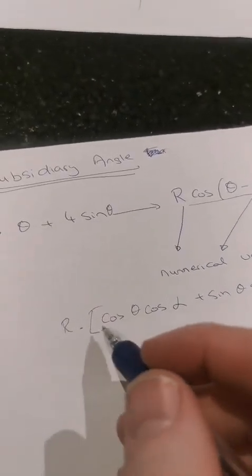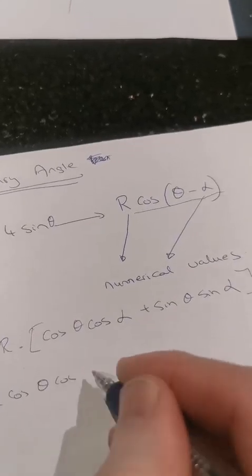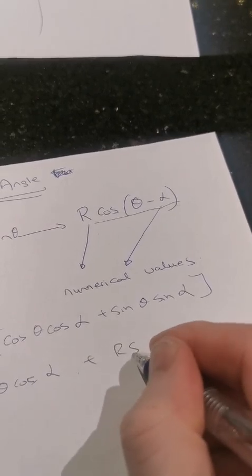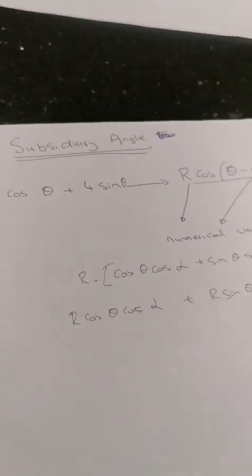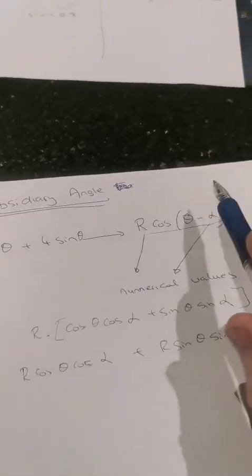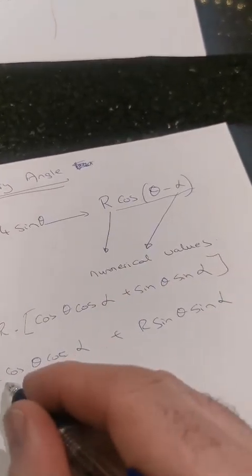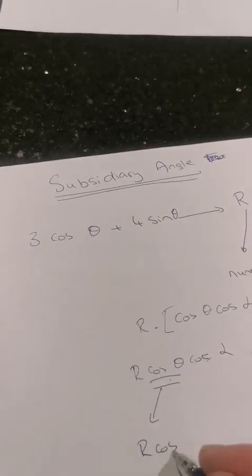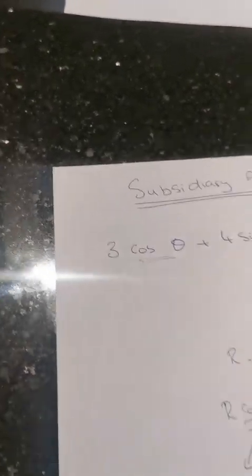So if we go to expand that out, you would get r cos theta cos alpha plus r sin theta sin alpha. Remember, this is the same as this, which is the same as that, same as this one. So if we compare the coefficient of cos theta here, it's r cos alpha, and the coefficient up here is 3.